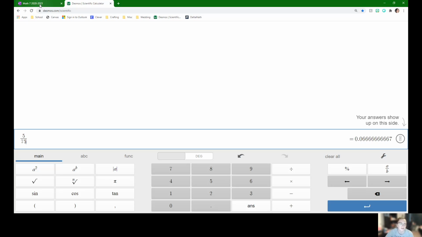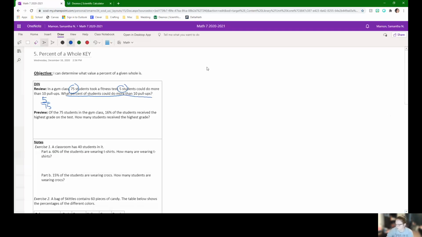So let's just write this decimal, or at least a couple digits of this decimal down. So we got 0.0666, and it keeps going on and on. If you're using that yellow calculator, you can hit the second percent button and it will tell you what it is as a percent.